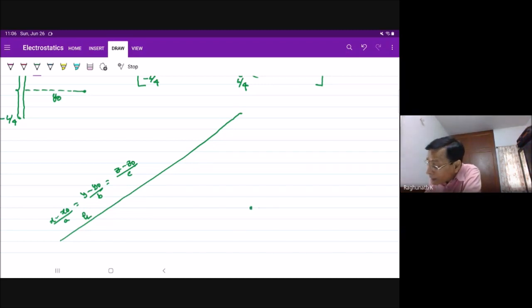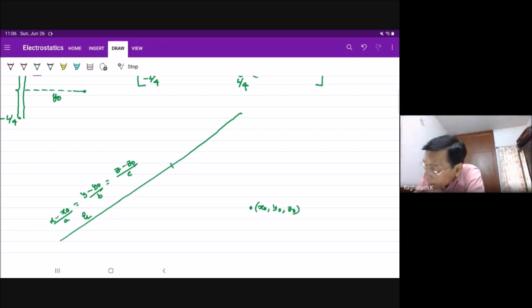At any point x naught, y naught, z naught, if you are asked to determine the field intensity, the integration will become clumsy because at any x, y, z, x is fixed, and y and z are dependent variables because of this equation.